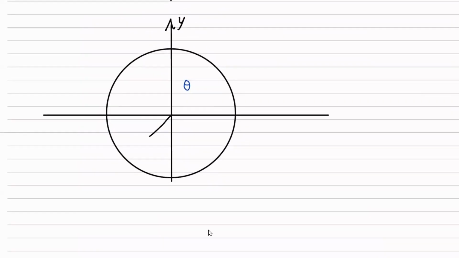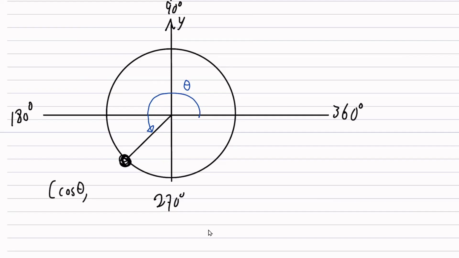Let's go all the way to here. Then we sweep out our angle all the way. Maybe this is 200, maybe 300 degrees or something. 90, 180, 270, 360 degrees. Then in that case, what's the coordinates again? It will be cosine theta, sine theta by definition.